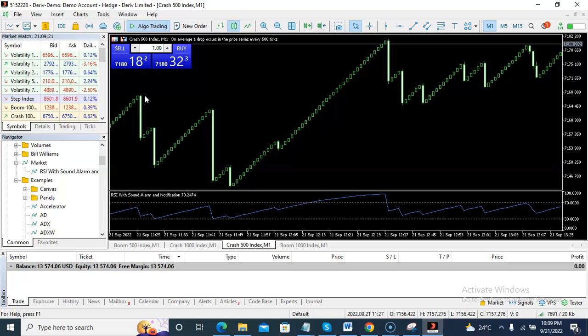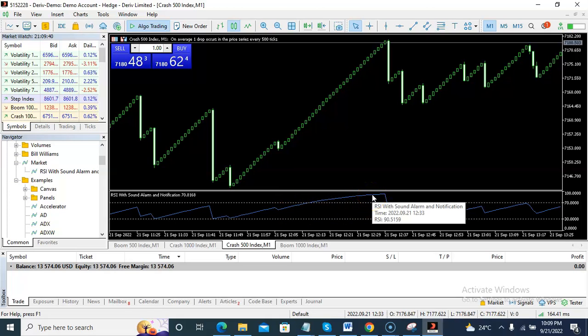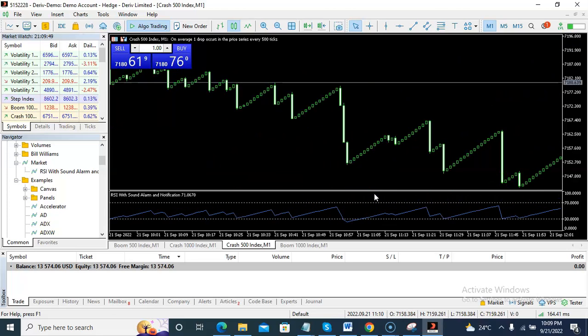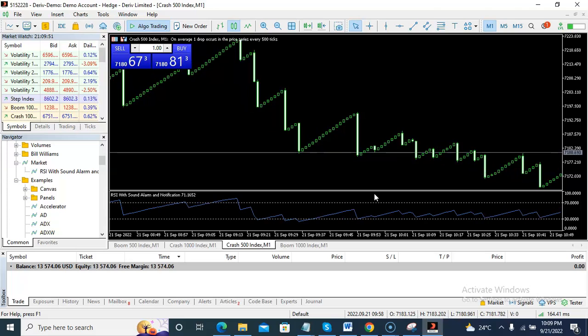Sometimes you may not be on your chart, or you may be browsing a certain website on your laptop, and you may not be aware when the RSI has crossed 90. With this custom indicator, the alarm bell will trigger and draw your attention to your chart, so you can take a decision based on the conditions that have been met. Let me go back again and show you more signals.